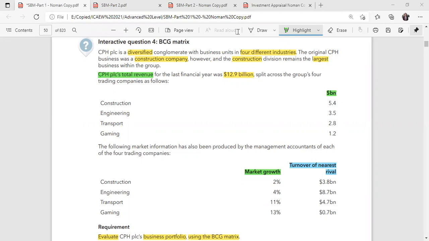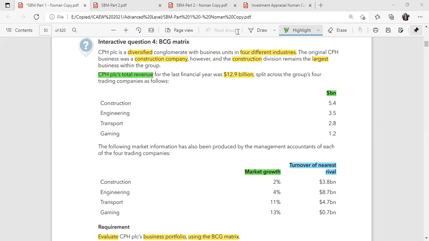Gaming is a star because we have higher market share plus high market growth. Transport is a question mark: even though its market growth is 11%, our share is less.